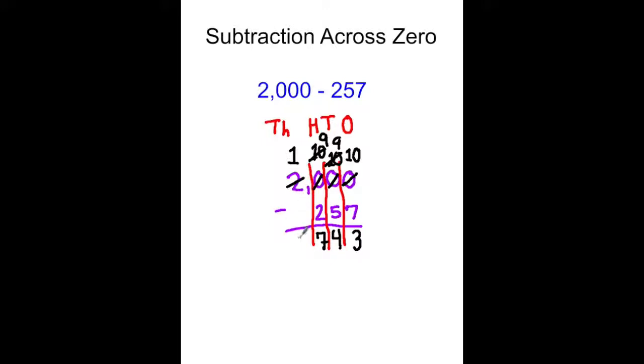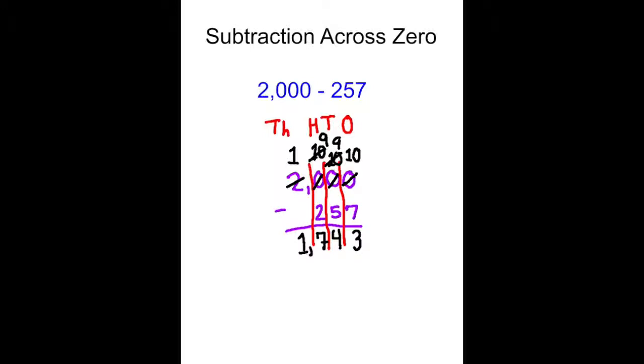And then finally to the thousands place, we don't need to subtract anything. We can just bring our 1,000 down, and we can say that 2,000 minus 257 is equal to 1,743.